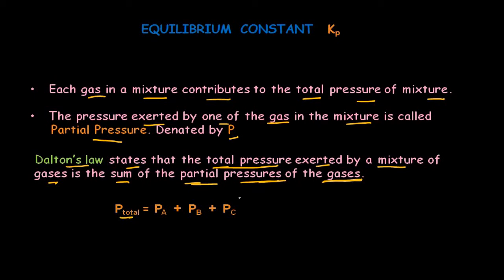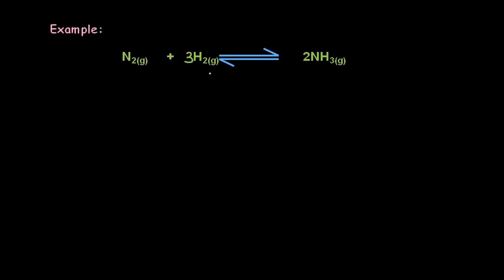Say suppose there are 3 gases in the reaction mixture: A, B and C. The partial pressures applied by all these gases will give us the total pressure. Now let's understand this with the help of an example. Here is a reaction where nitrogen and hydrogen react together to form ammonia, where all these reactants and the product are gases.